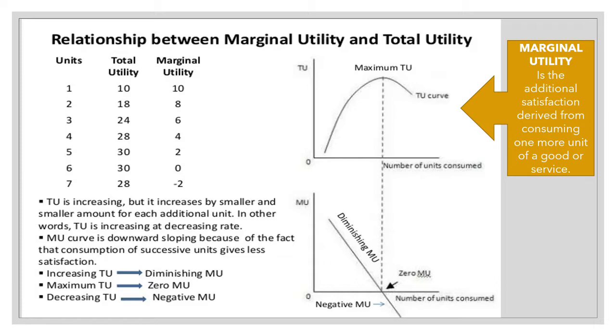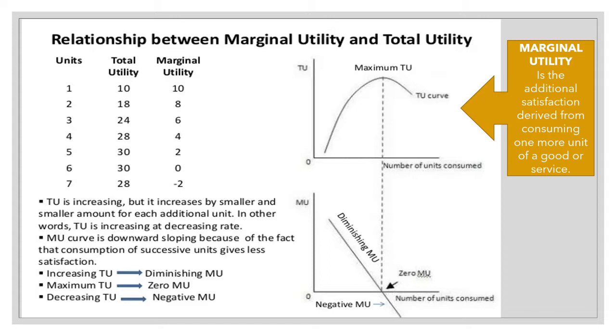As you can see, we have here units, the total utility and the marginal utility. Units are the quantities being consumed, and the total utility is the satisfaction or happiness provided by the units you consumed, and we also have marginal utility.